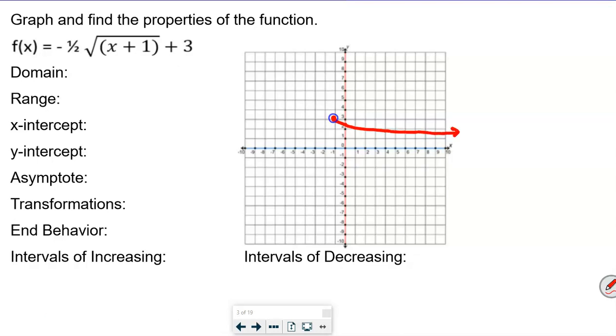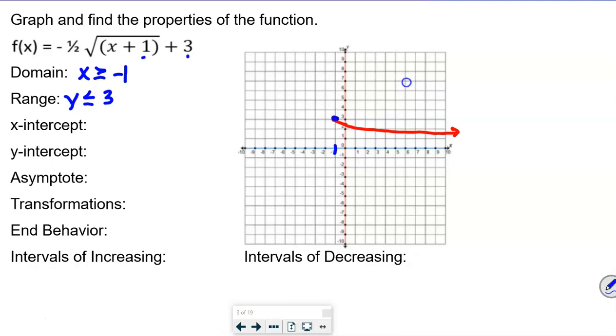It's going to go out this way, okay? So here again, this is the starting point of our graph right there, okay? So when we talk about our domain, x is going to be greater than or equal to this value right here, which is -1. Our range this time is going to be y is less than or equal to, because it's going down, 3. Okay, and notice where I got these numbers from, up there and there.